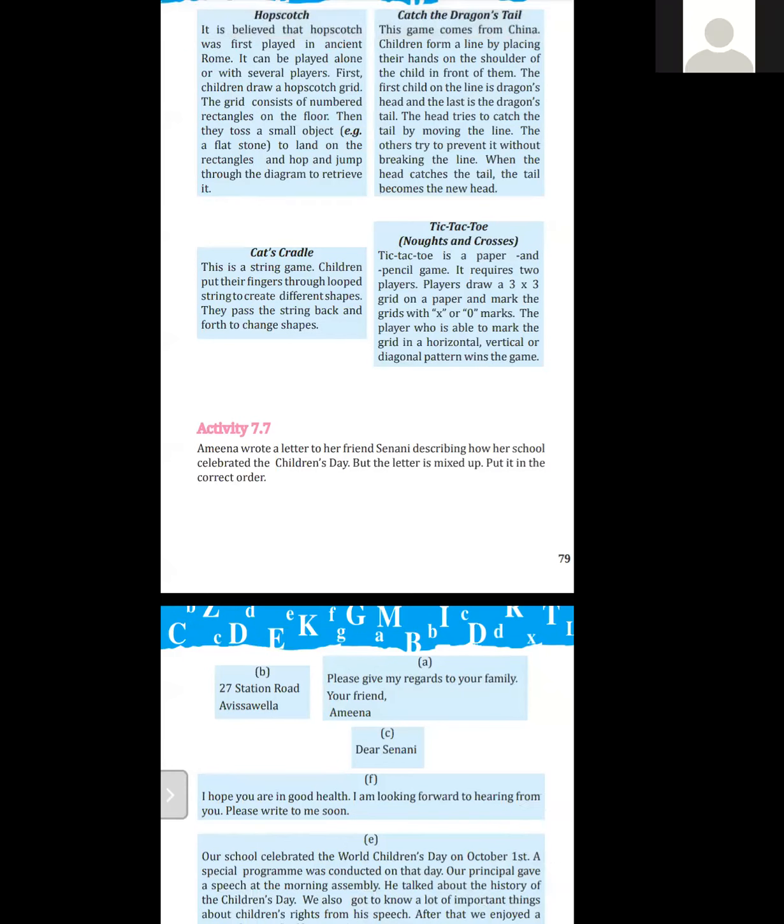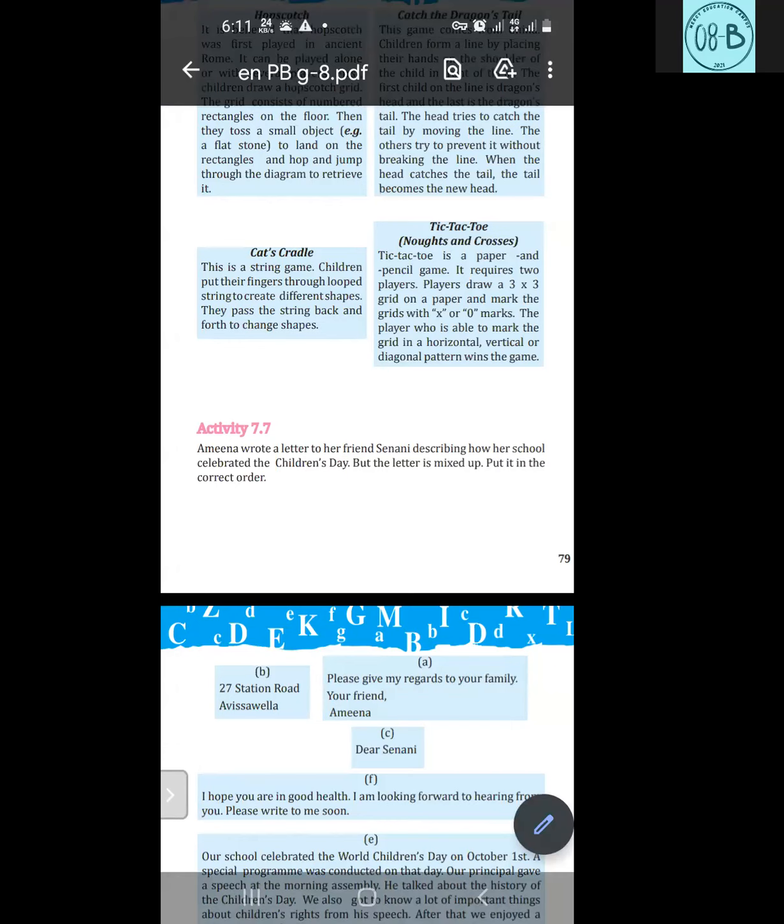Formal letters are written for business work. Yes, mainly we use it for business or the formal works, writing to a principal, writing to an officer. So we write a formal letter for formal purposes, isn't it?